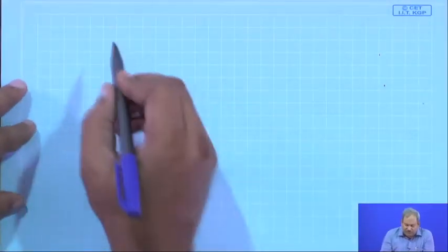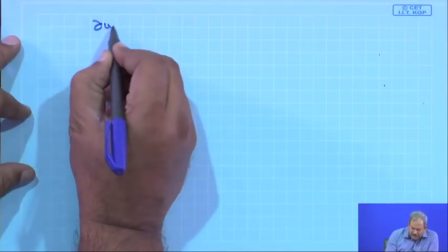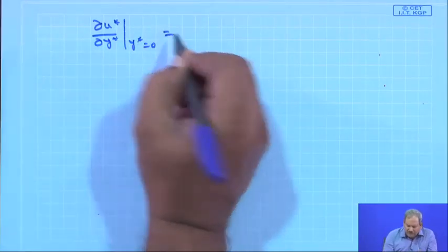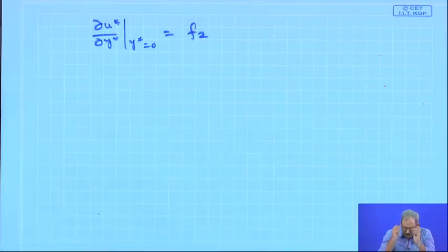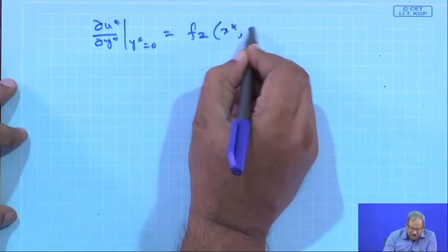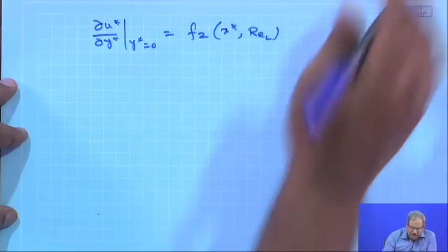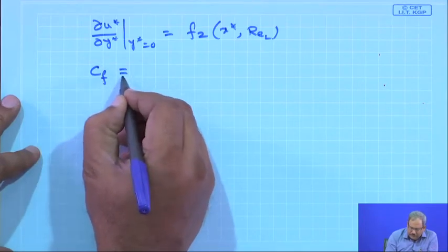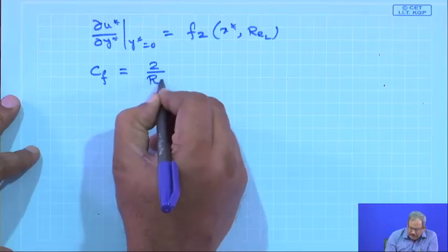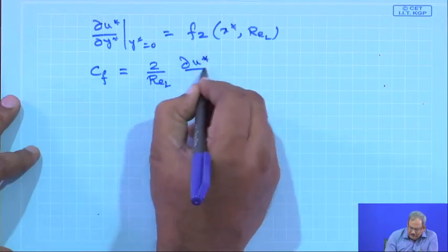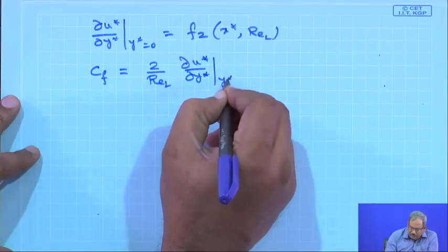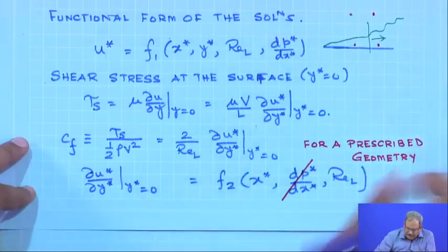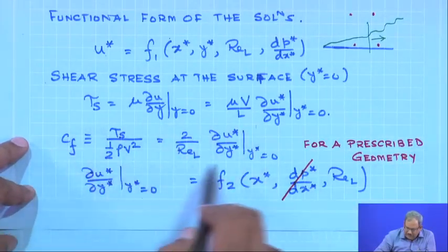So, in other words, my ∂u*/∂y* at y* = 0 is simply going to be f2, the unknown function of x* times Reynolds number REL. Now, when I use CF, which I have seen to be equal to 2/REL times ∂u*/∂y* at y* = 0, this is where I have obtained the expression for CF.